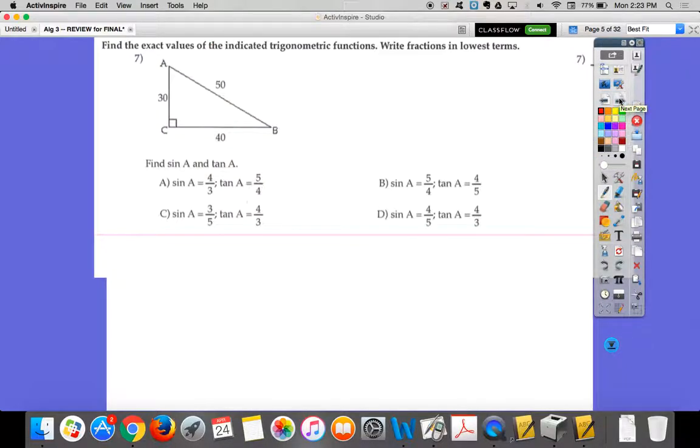All right, let's see here. Find the exact value of the indicated trig function. Write fractions in lowest terms, which means you want to reduce them if you can. Pay attention to your labels. We have A up here, we have B down there. It says find sine of A and tangent of A. Basically this is asking you some definitions.